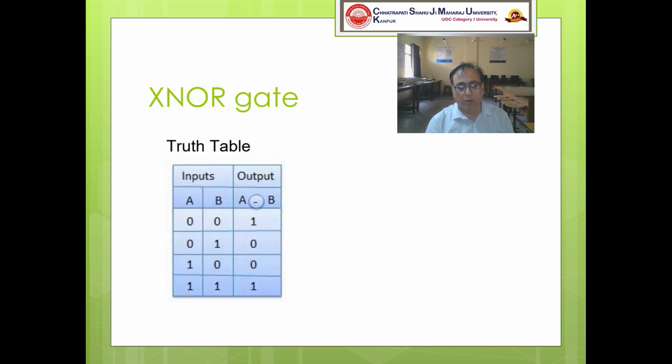In this case, when all the inputs are the same, the output will be high. As we can see in the first case, 0, 0, we are getting output as 1. And in the last case also, when both the inputs are the same, 1, 1, we are getting output as 1. For different inputs, we are getting logic 0.